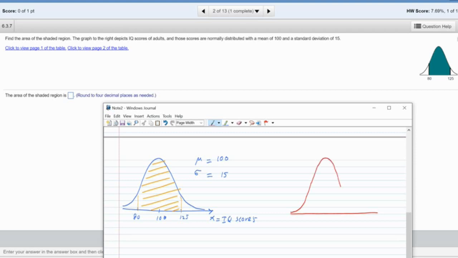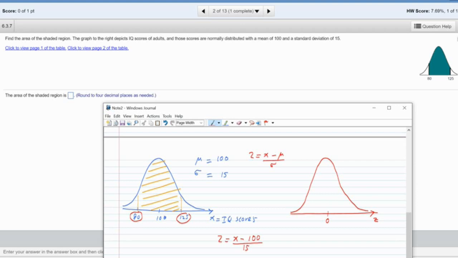So let's draw the standard normal distribution z. So 0 is in the middle, right? So how are we going to convert? We convert using this formula: z equals x minus mu over sigma. Now the mu here is 100 and the sigma is 15. So we need to convert 80 as well as 125 using this formula.